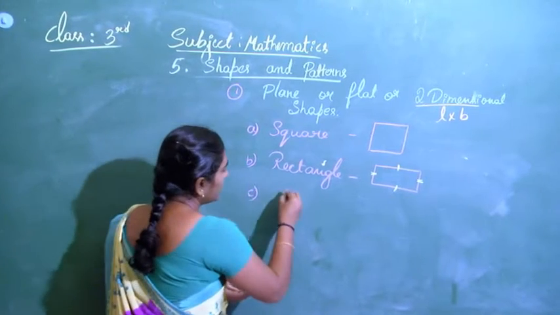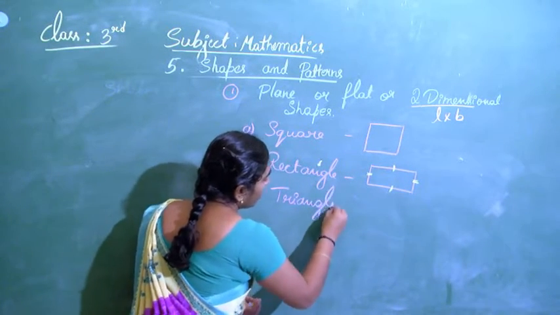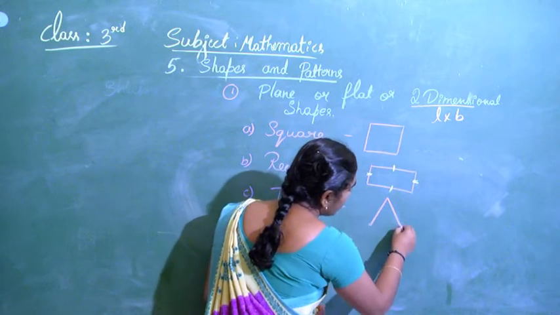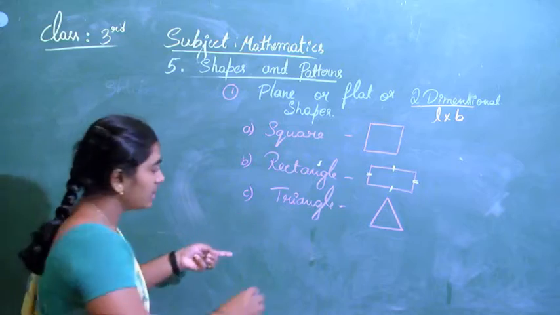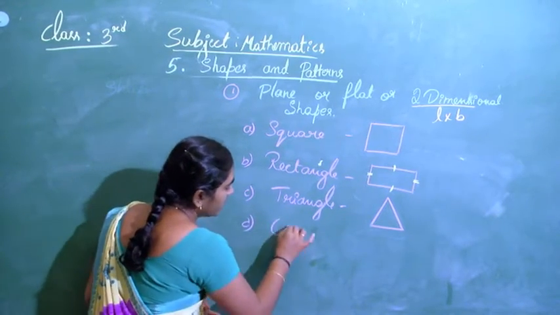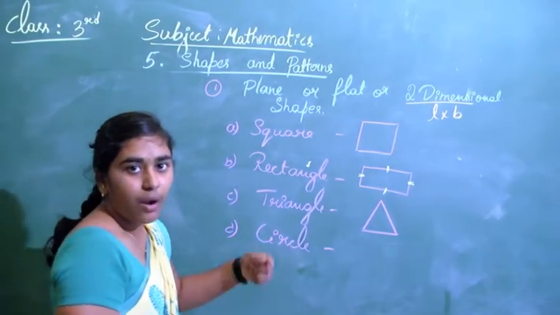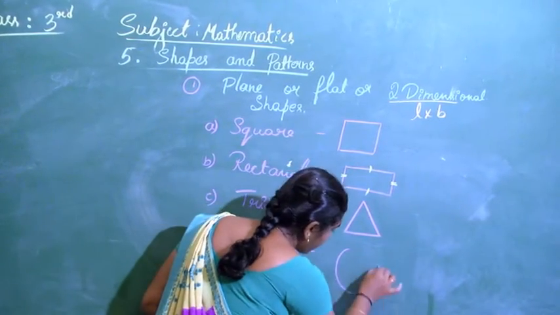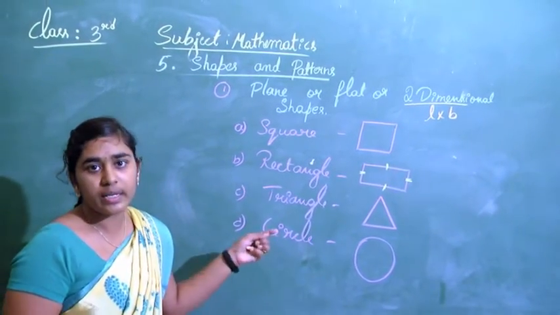And the third one is triangle. How many sides does the triangle have? Triangle has 3 sides and 3 corners, and the last one is a circle. Circle is just a round shaped figure which does not have any corners or any sides.